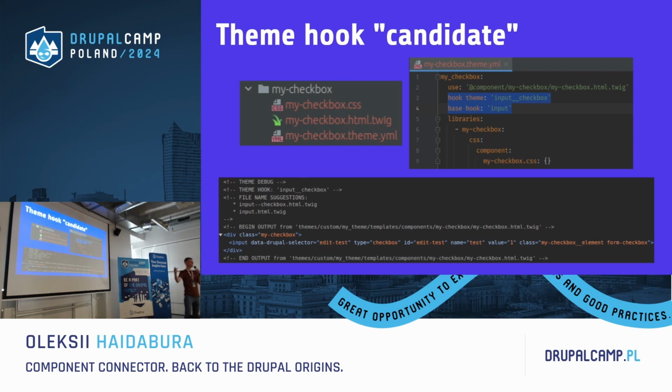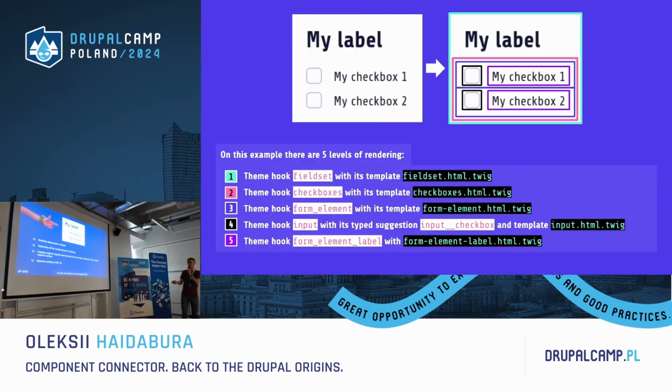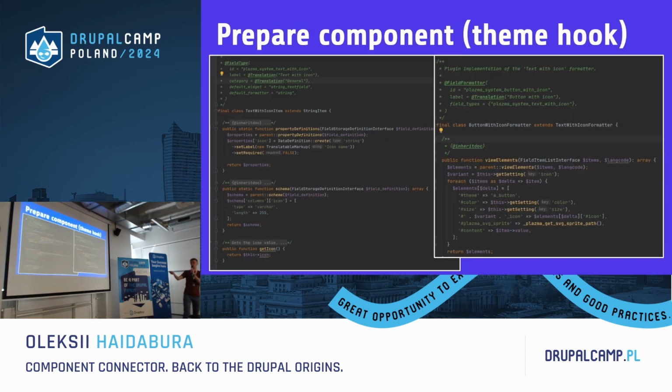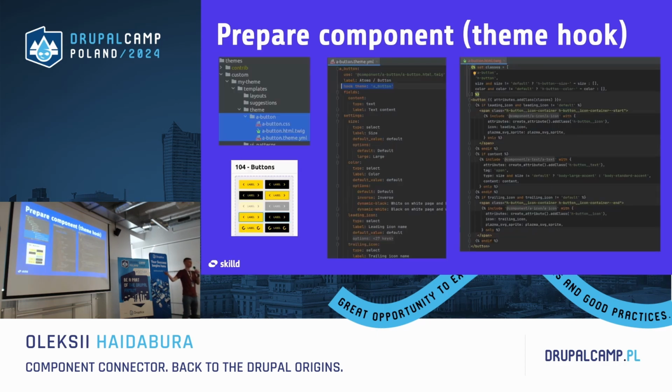Or automatically, if you use this suggestion, you will get CSS loaded automatically, so you don't need a preprocess to attach libraries, etc. So it's a choice of what kind of changes you want to do. If it's a small change, and if it's possible to use hook theme candidate, just do that. Otherwise, if it's something more complex, just use your field types and field formatters or whatever. It's not only about fields.